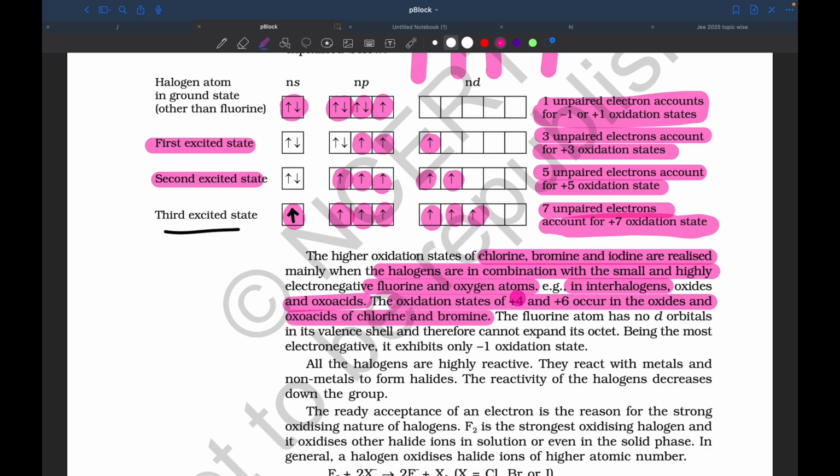Okay, +6, +4 is also possible, but those are not general oxidation numbers. The fluorine has no d orbital in its valence shell, therefore cannot expand its octet. So being the most electronegative, it exhibits only -1 oxidation state always.